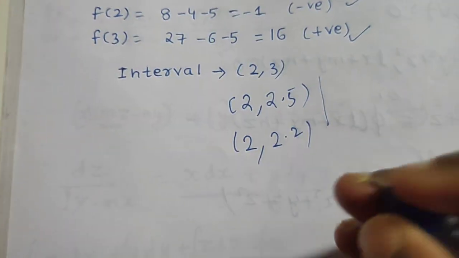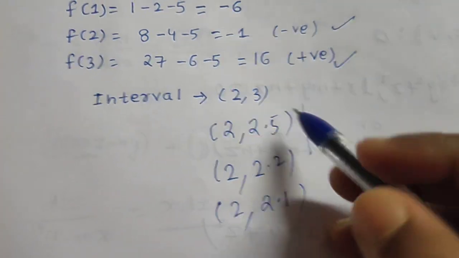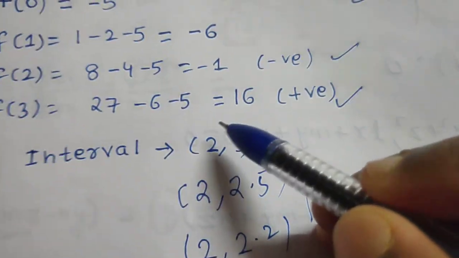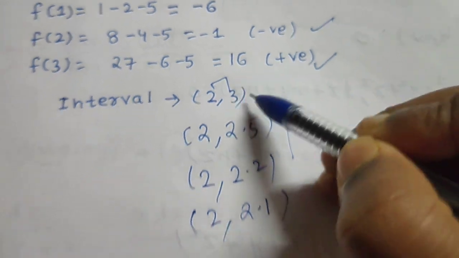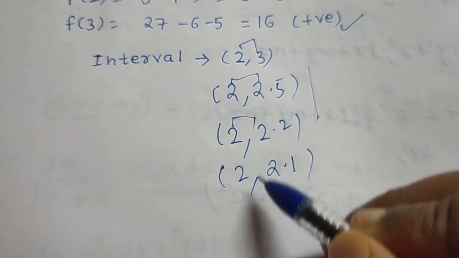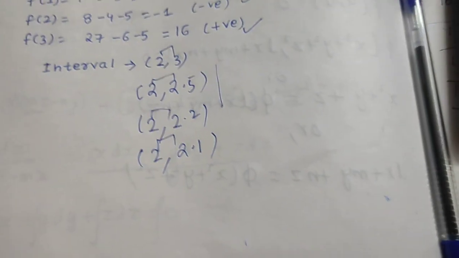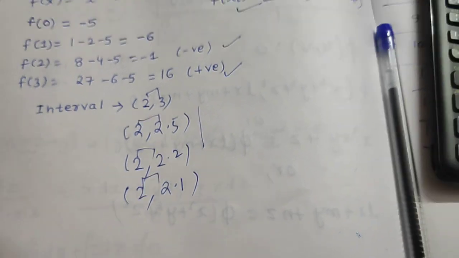So see, the difference you see is 1 unit, the difference you see is 0.5 unit, then 0.2 unit, then 0.1 unit. So the closer you do, the number of iterations will start decreasing. These are some hacks.